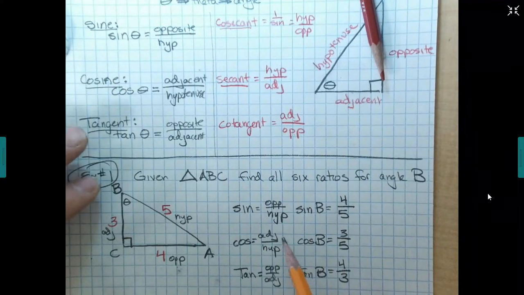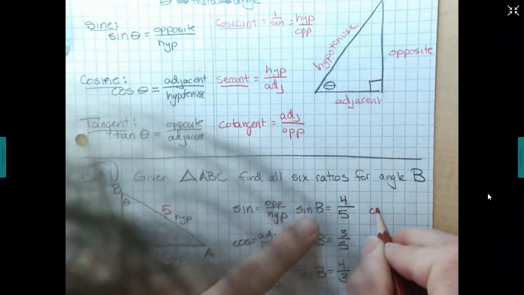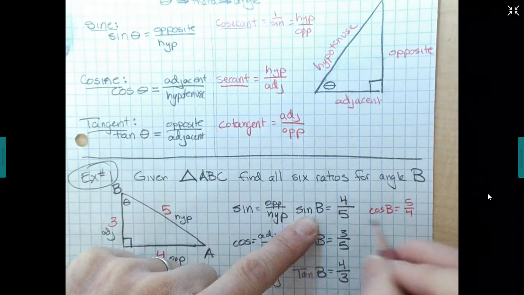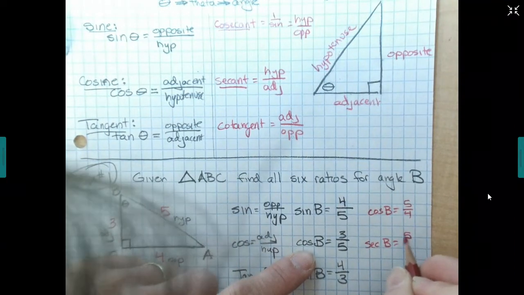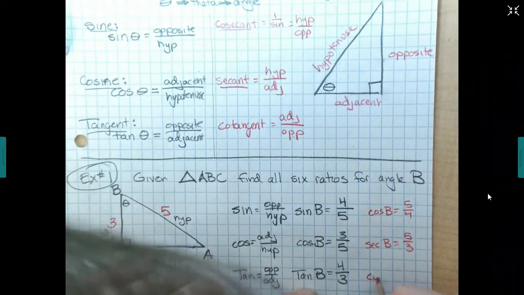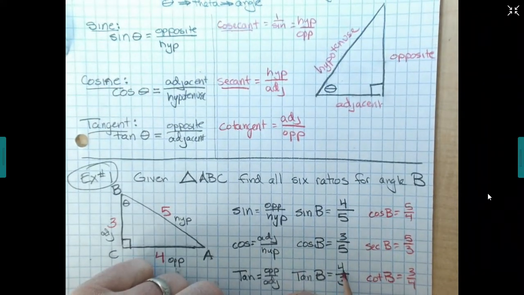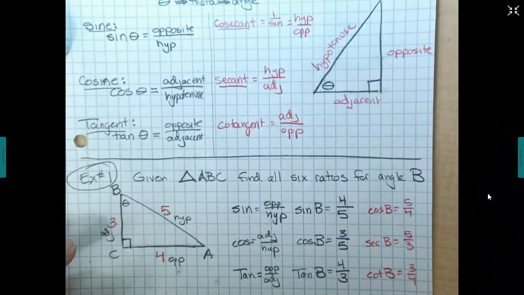And then the easiest thing, cosecant is the opposite of sine. So cosecant B equals 5 over 4. It's just the opposite. Secant B equals 5 over 3. And then cotangent B equals 3 over 4. It's just the reciprocal of this, reciprocal of this, reciprocal of that. So there's your 6 ratios for angle B.